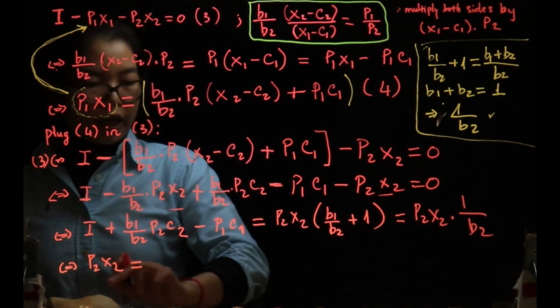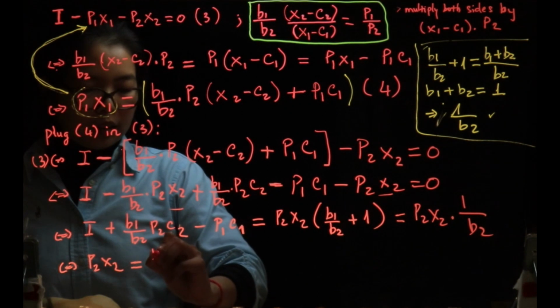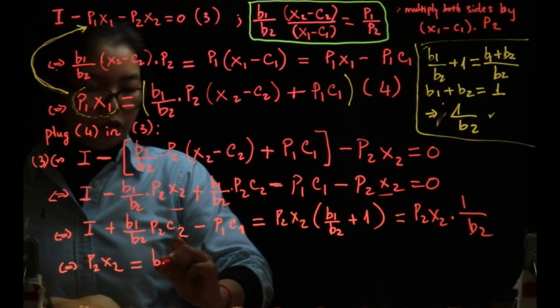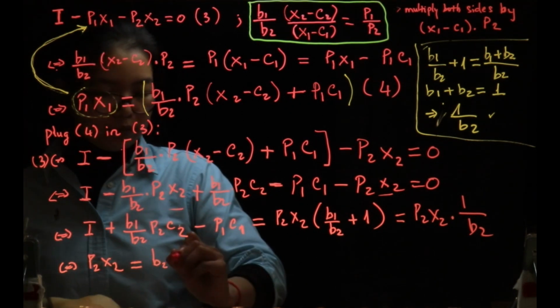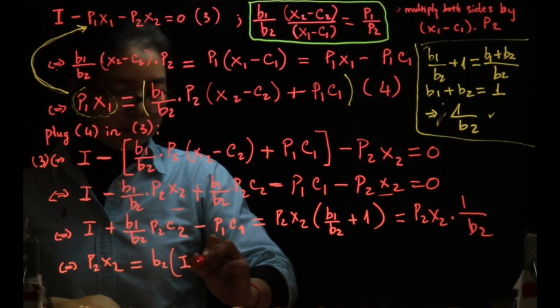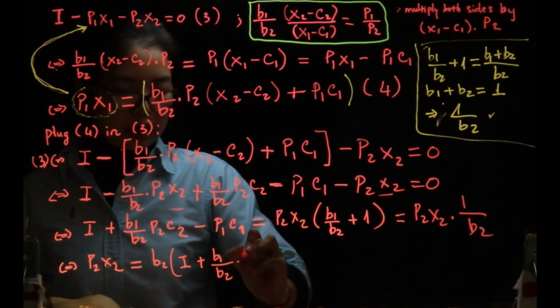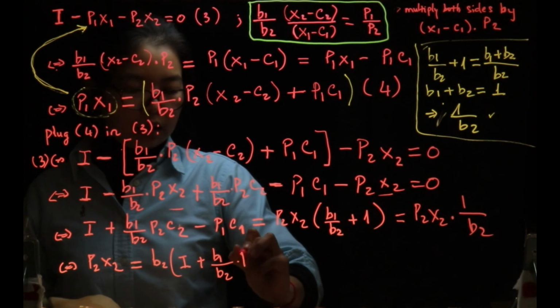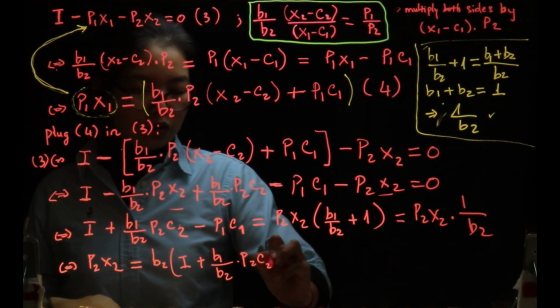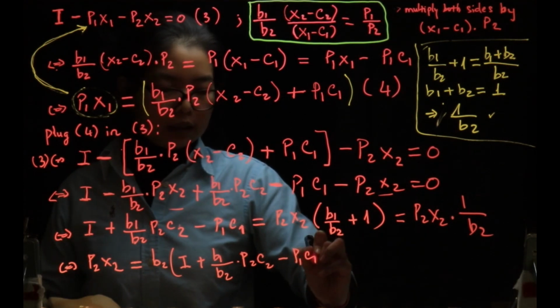So here p2 x2 equals b2, have to multiply by b2 now, (I plus b1 over b2 times p2 c2 minus p1 c1).